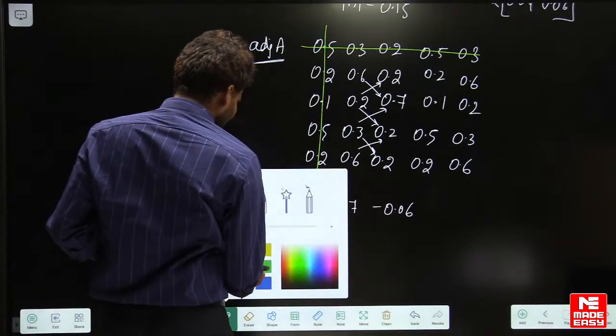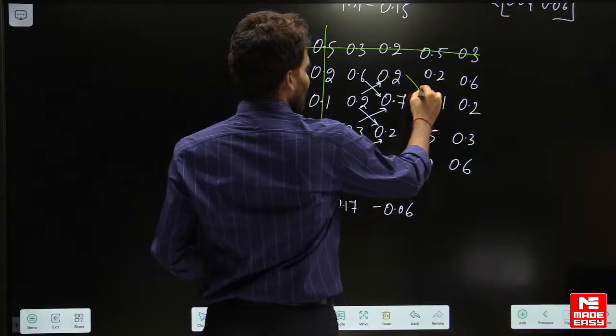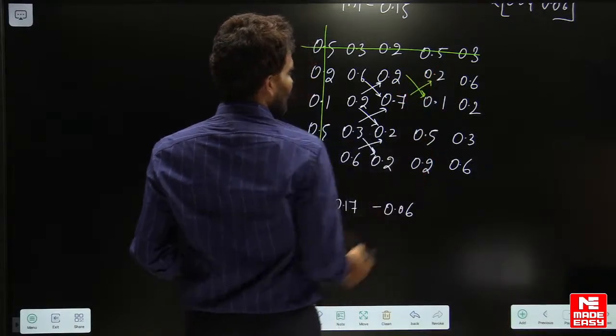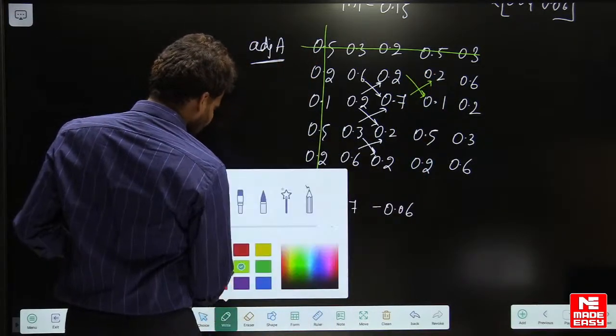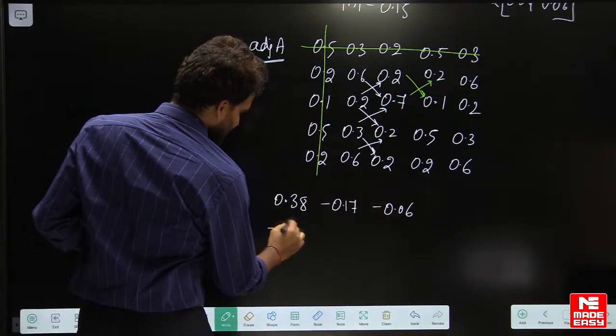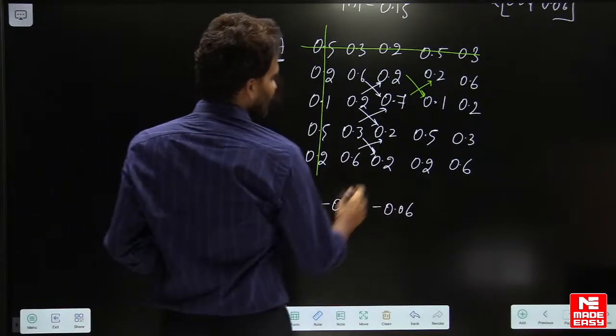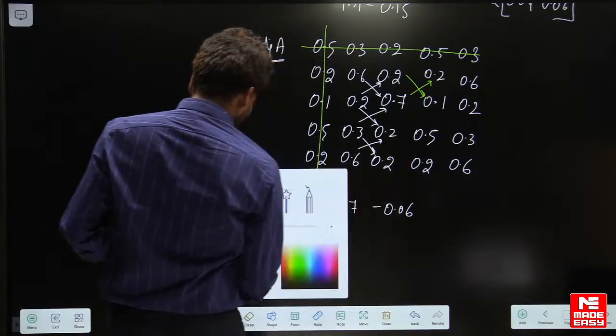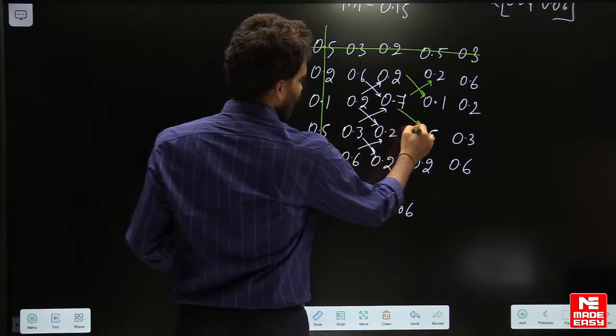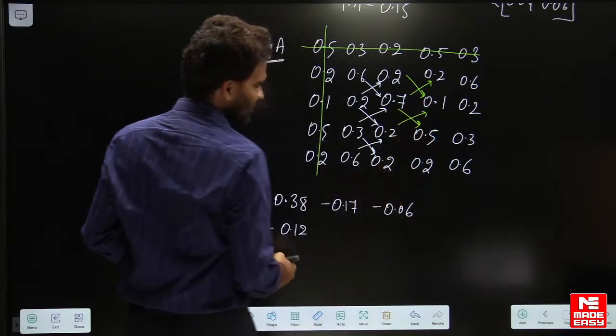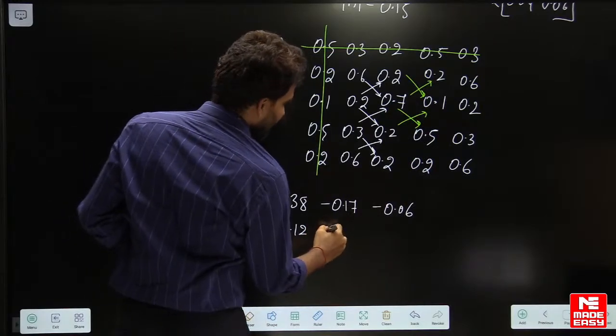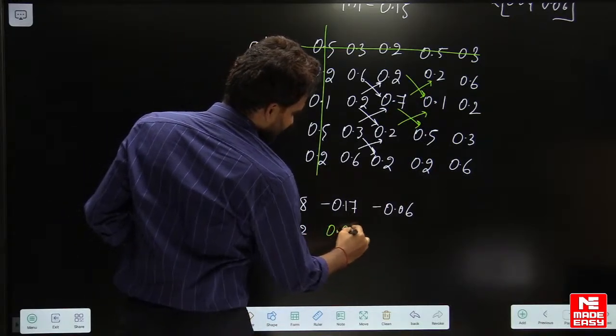Similarly, do it for this: AD minus BC, so 2 minus 14, this is 12, minus 0.12. Next, 35 minus 2, 33, this is 0.33.